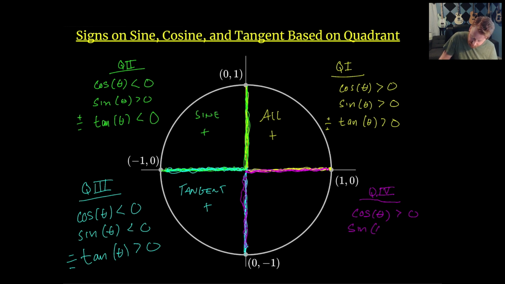So we have sine of theta being less than 0. And if we wanted to take a look at the tangent of theta, we're going to have a negative number in a ratio to a positive number, which means that this is also negative. Tangent is also negative. So that says that the cosine in quadrant 4 is the only one that is positive.